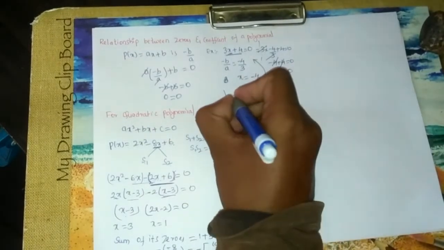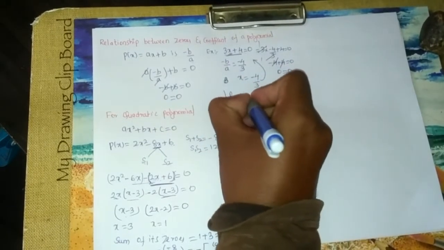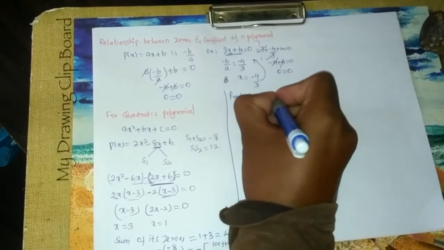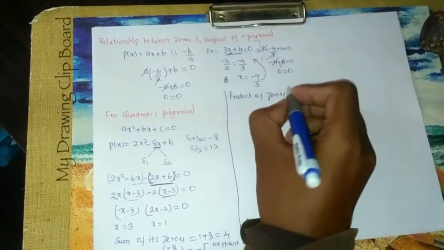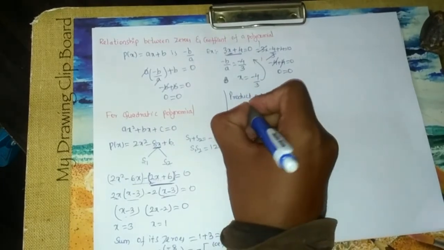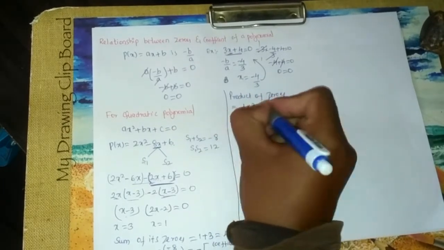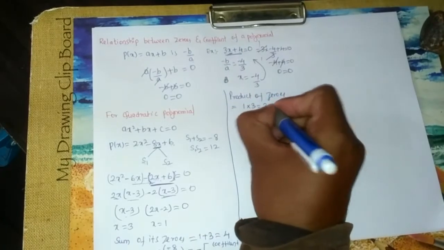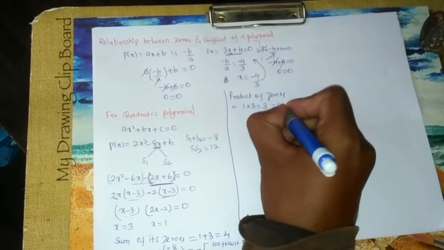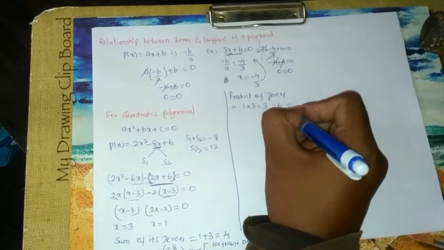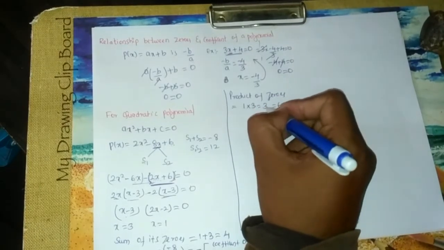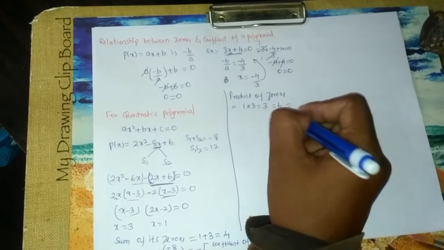the product of zeros. It is 1 into 3, which is 3. This 3 I can write as 6 by 2. So 2 ones are 2, 3 twos are 6, I am writing 3 as 6 by 2.